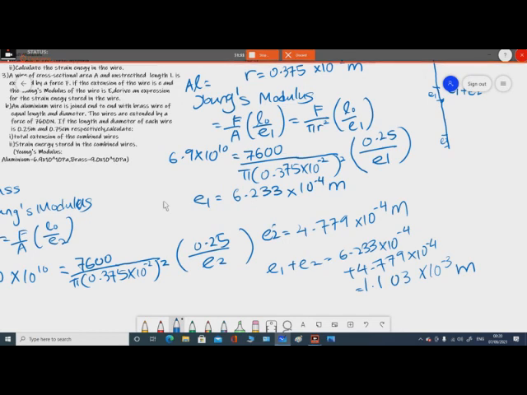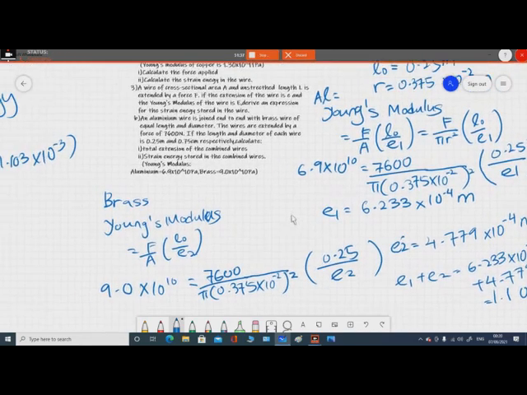Let me find out the total extension again, plus 4.779 times 10 to the power of negative 4. Oh yes, the answer should be 1.101. Yes, so this should be correct.